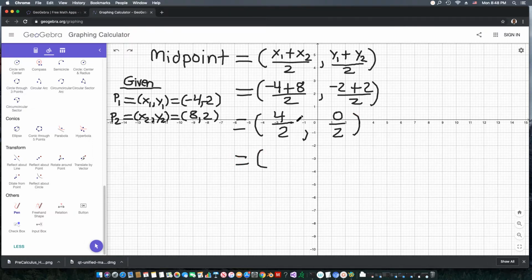All right, so 4 divided by 2 is a value of 2. And then 0 divided by 2 is a value of 0. And what we have is a midpoint with coordinates 2 and 0. And what this represents is the midpoint between the given points -4, -2 and 8, 2. And this is what we wanted to show.